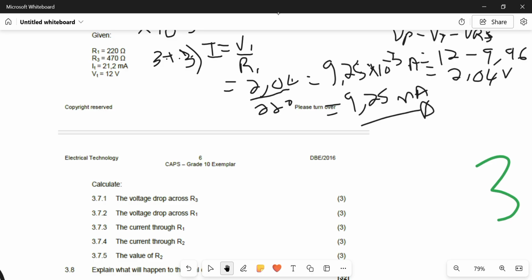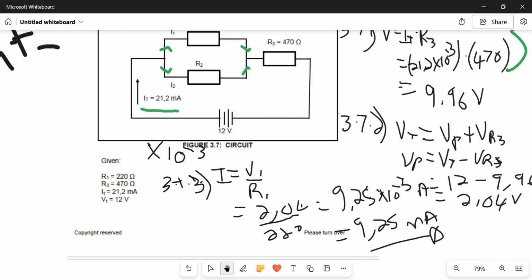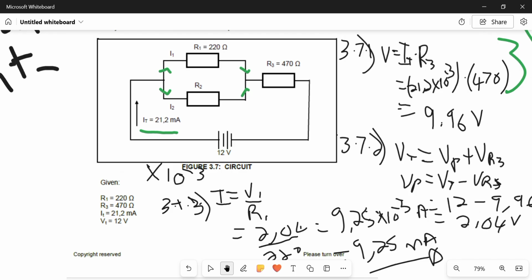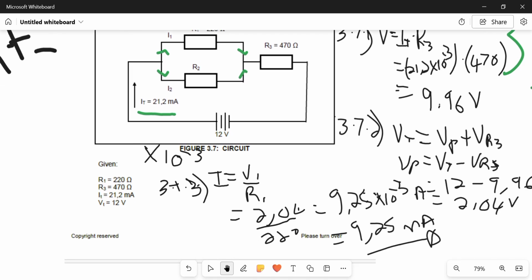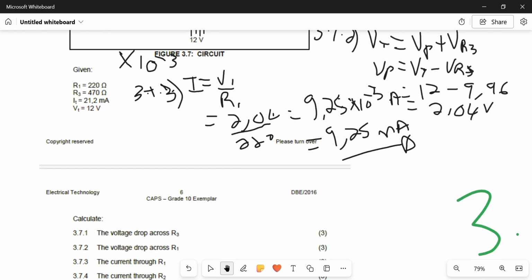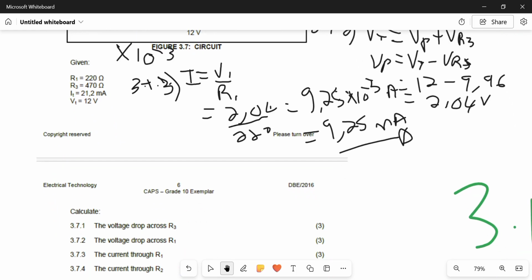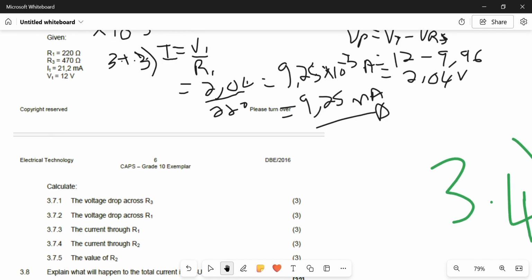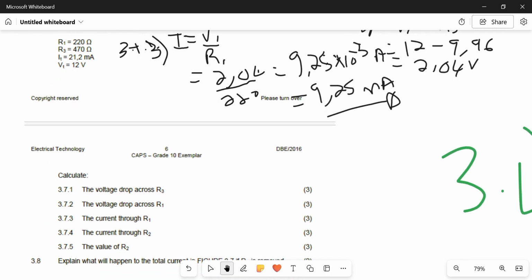3.7.4. Here we are going to calculate the current through resistor 2. Remember the current splits into I1 and I2 across the resistors in the parallel combination. So we have the total current and we have the current flowing through I1.